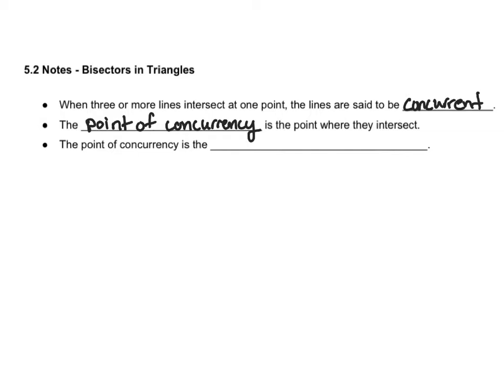Okay, so where they intersect is that point of concurrency. So if a bunch of lines intersect at a point, then they're concurrent, and the point of concurrency is that point that they're intersecting at. And the point of concurrency is going to be called the circumcenter of the triangle.